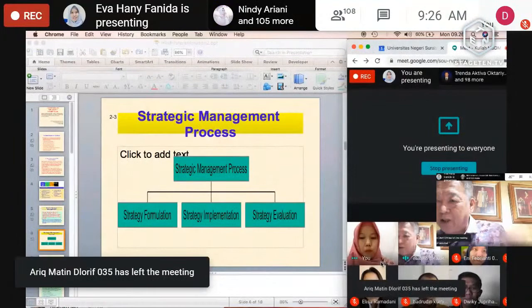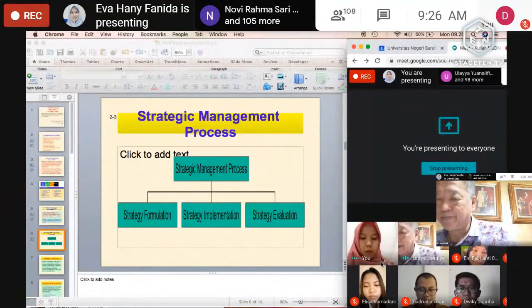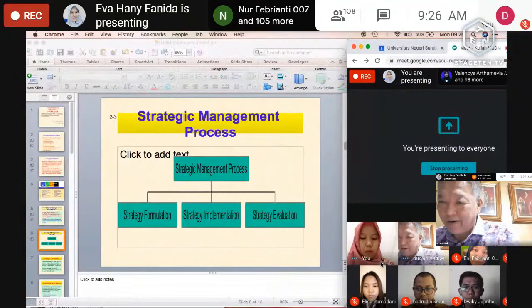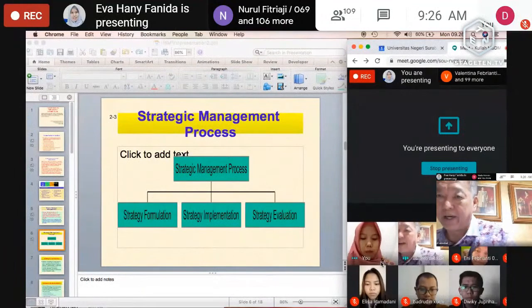When we talk about strategy formulation, we talk on behalf of the company, but when we talk about implementation, we talk according to our mission, responsibility or function only.